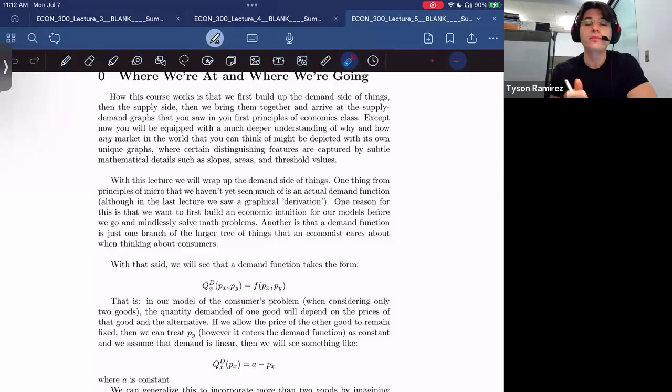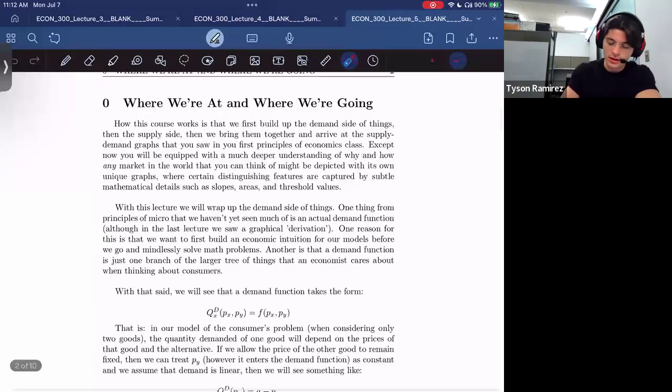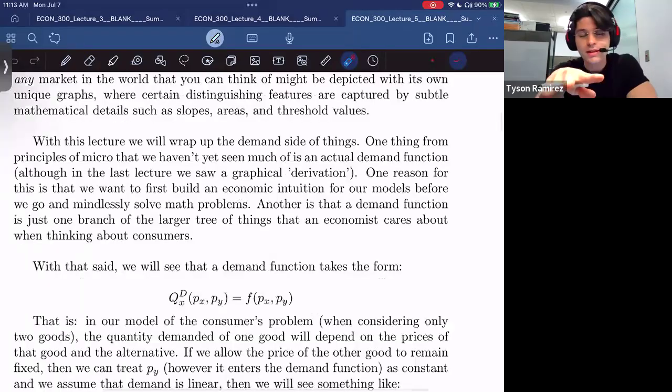All right. Now, with that in mind, as a preview, as a look ahead, suppose we wanted to get to this demand function, right? Well, so far we've been considering the consumer's problem with just two goods, right? It would be good X and good Y, beer and pizzas, everything that we've worked with so far, right?